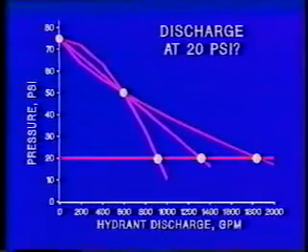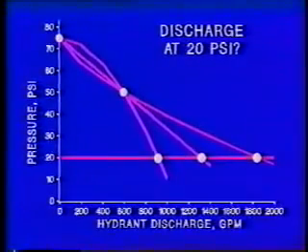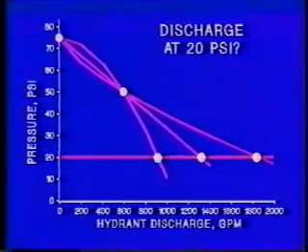However, you're not only interested in the discharge at 50 psi, you want to be able to extrapolate the results to other pressures. Usually you want to be able to extrapolate to find the discharge at 20 psi.